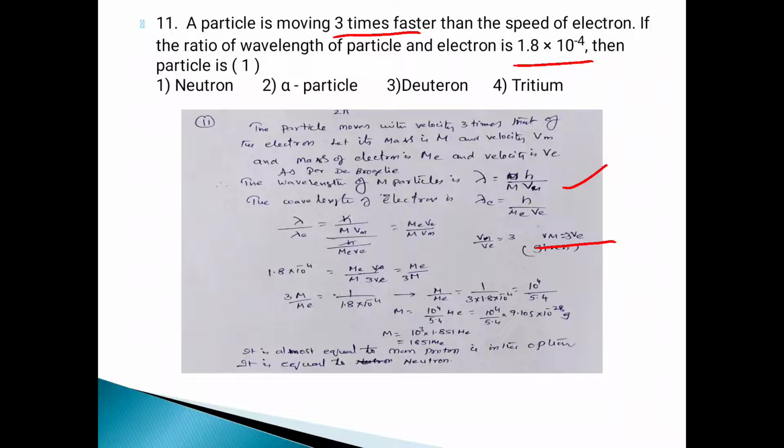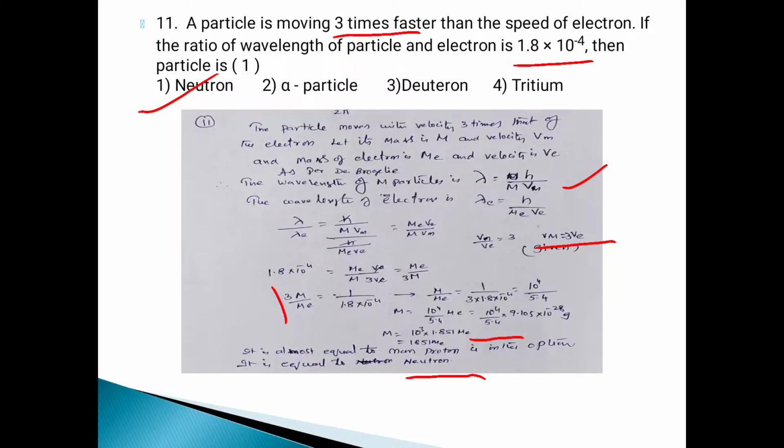Then we will get the ratio of m by me, from which we can calculate m, which is equal to about 1851 me, which is almost equal to the neutron or proton. Here proton has not been given, here neutron only is given.